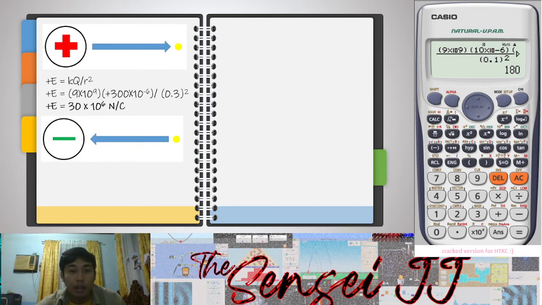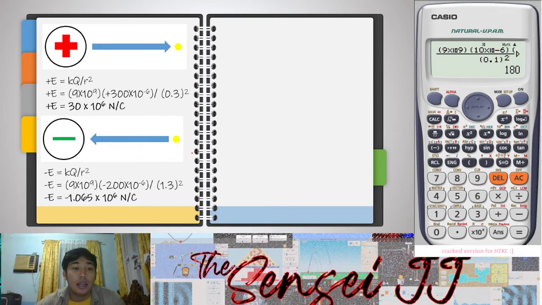So we have here another particle of negative charge that the point is moving towards, our negative particle. We have E is equals to negative KQ all over R squared, we have negative 200. And we will have our electrical field of negative 1.065 times 10 raised to 6 Newton per Coulomb.